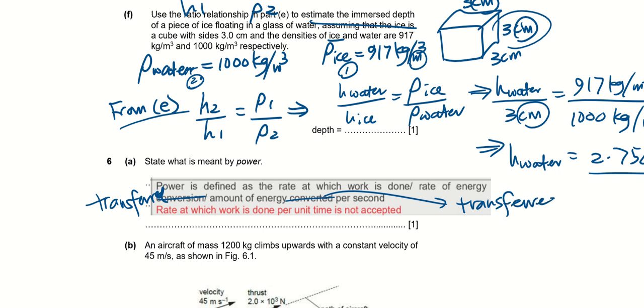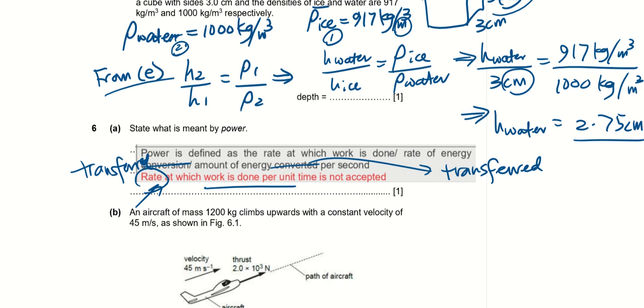Do you know why "rate at which work is done per unit time" is not accepted? Because rate already means per unit time. So you are doing work per unit time, so that is not power. If you are using rate, you don't use per unit time. Similarly, velocity is the rate of change of displacement, but you cannot say velocity is the rate of change of displacement per unit time.